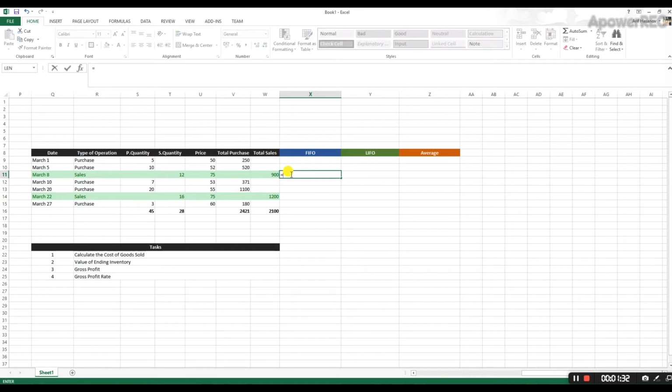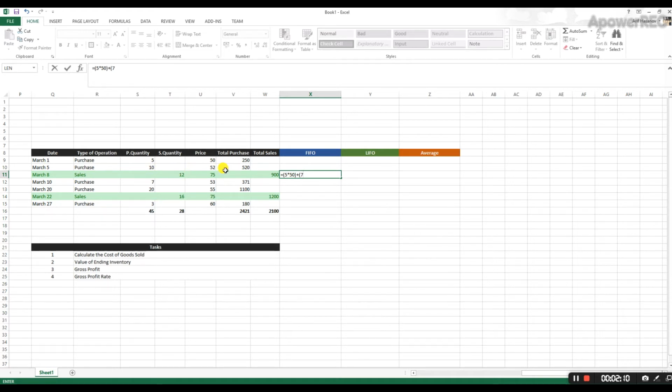That's why I need to find the cost of the goods sold. As we can see, we bought 12 and sold 12 of them. With the FIFO method, first in, first out, we have to take 5 from here at the price of 50. That will be 5 multiplied by 50, plus, since we sold 12 and took 5 from here, we have to take 7 from here in order to make 12 in total.